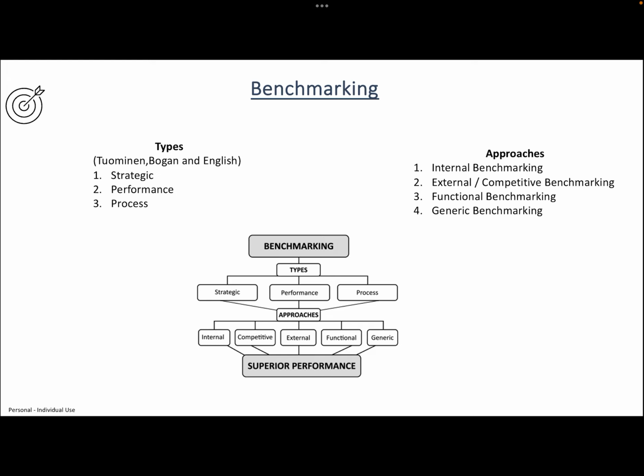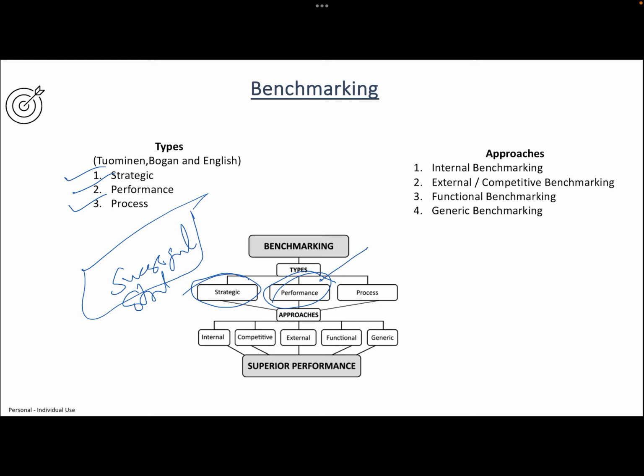We know that benchmarking can be strategic, performance-related, or process-related. Strategic benchmarking is about taking the successful strategies of competitors and implementing them. Performance benchmarking is about measuring performance metrics: they produced 10,000 units, we are producing 12,000 units.